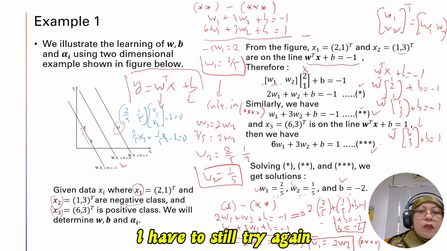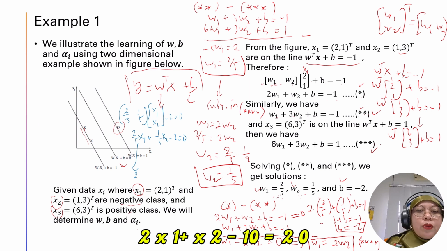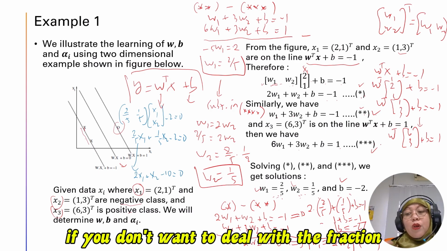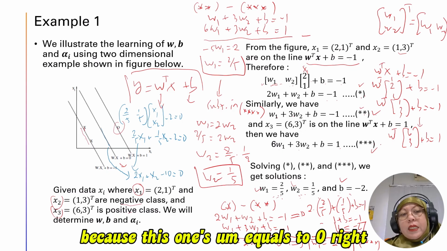Here, 2x1 plus x2 negative 10 equals to 0 if you don't want to deal with the fraction. So this line has the equation like that because this one equals to 0, right?